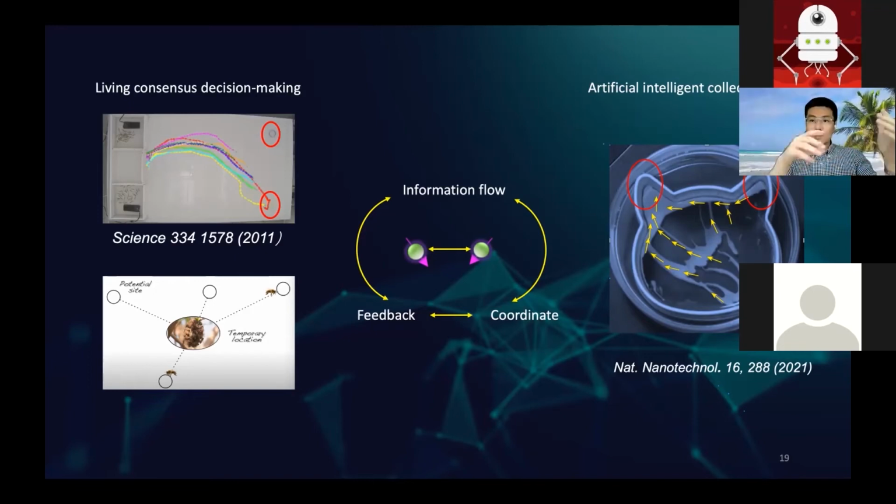Just like I mentioned in the background, they all have information flow and feedback between the active individuals. Those individuals can coordinate their behavior, and then together they can self-organize to demonstrate collective motion behavior.